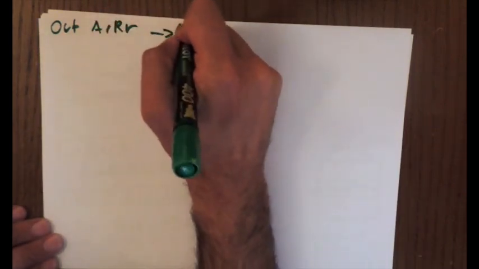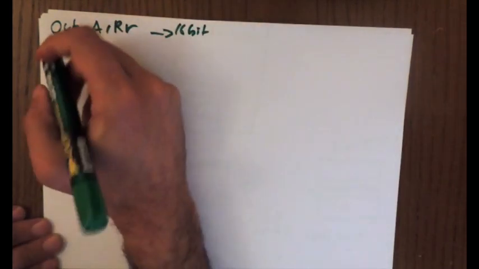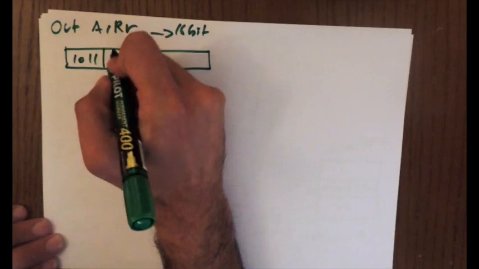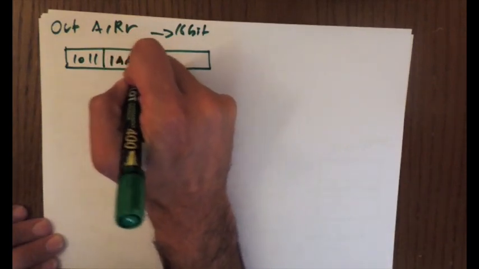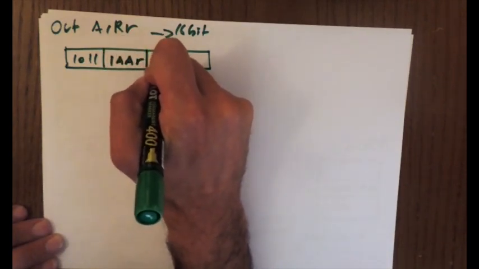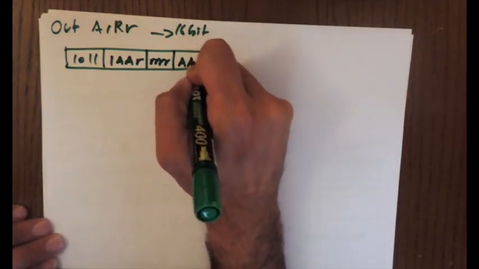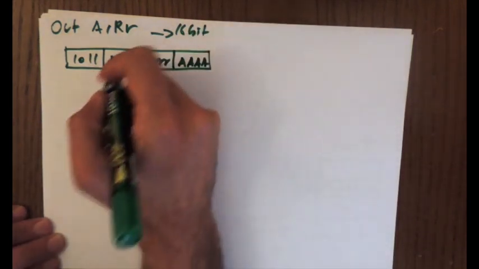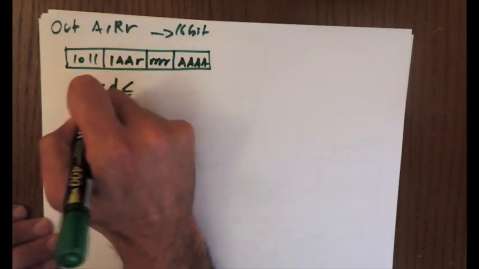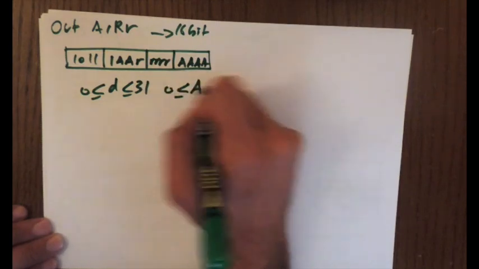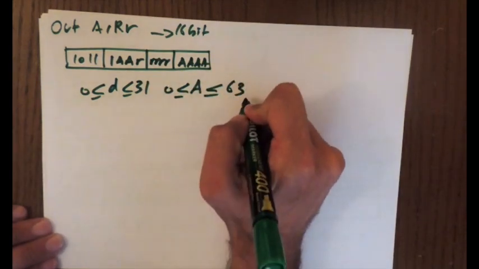It's also a 16-bit instruction, and we'll have 1011 and 1 A A R R R R R, and then we have A. Of course, D goes between 0 and 31, and A goes between 0 and 63.